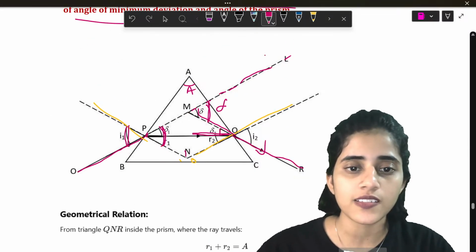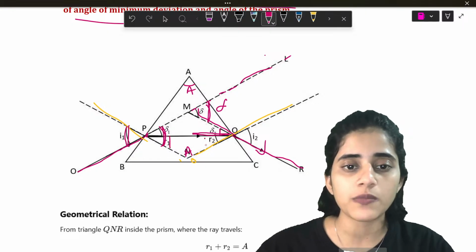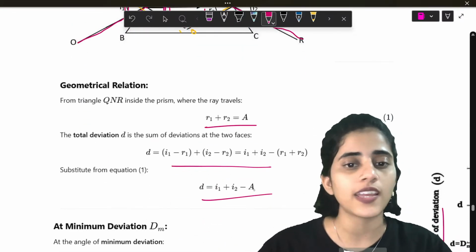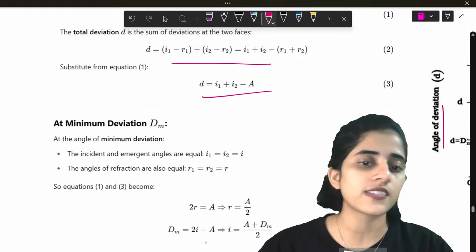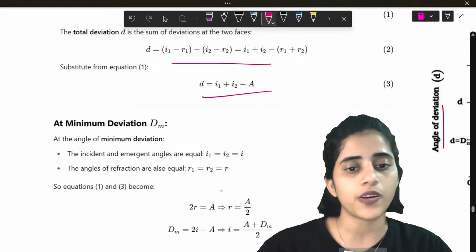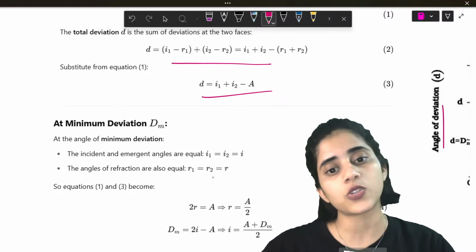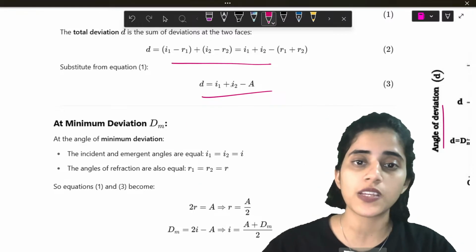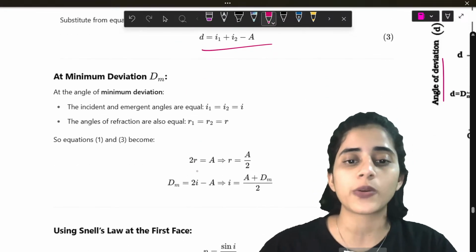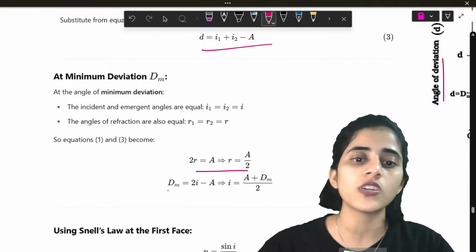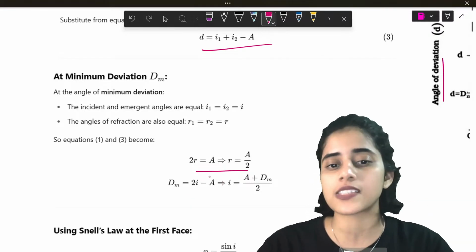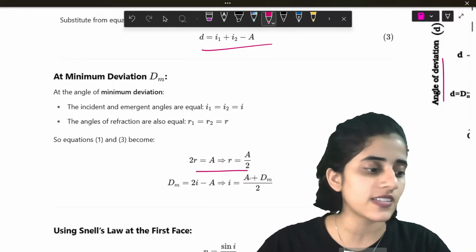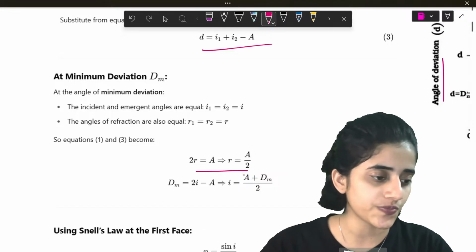See, this is A. This is also A. So R1 plus R2 should be equal to A. Now, if all these are proper, then R1 and R2 should be equal to R. So which means 2R should be equal to A. So R is A by 2, which means if you substitute this in equation 3, you will get 2I minus A. So I is A plus dm by 2.